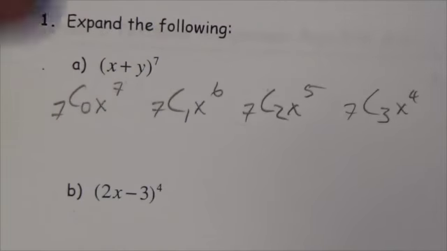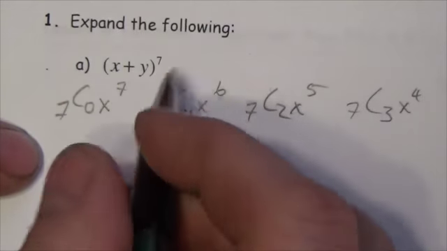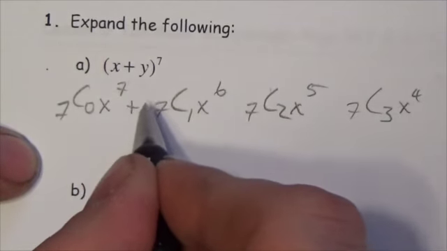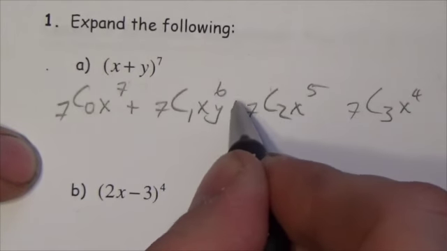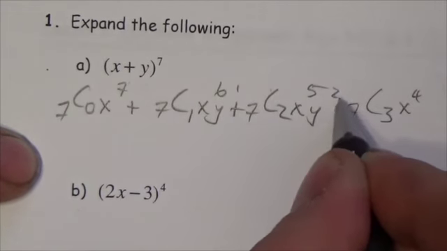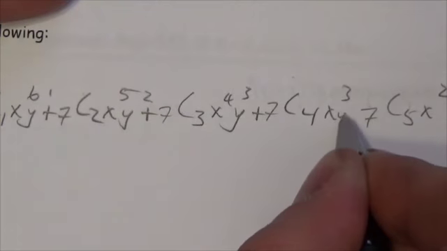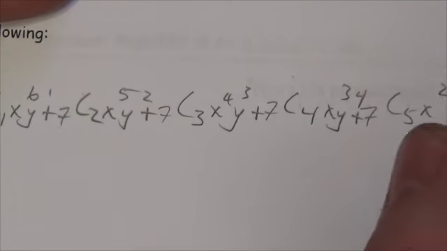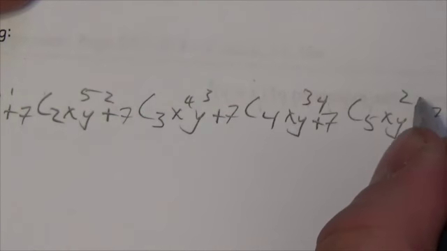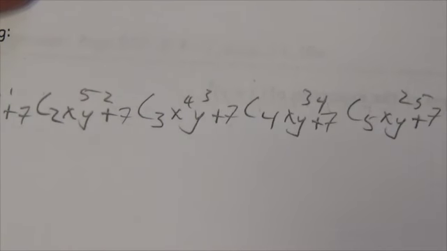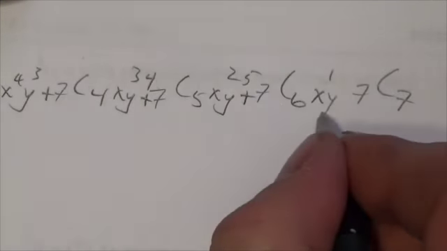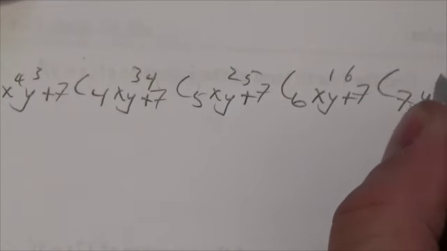And then the y is going to start at 0, so this will be y to the 0. So 1 plus, and this will be y to the 1 plus y squared. This will be y cubed, y to the 4th, y to the 5th, y to the 6th, and then y to the 7th.